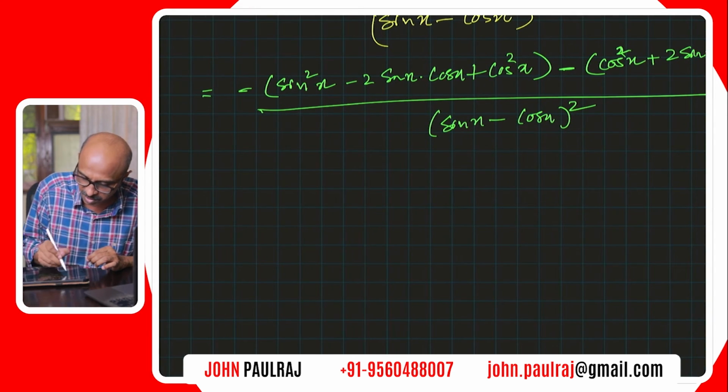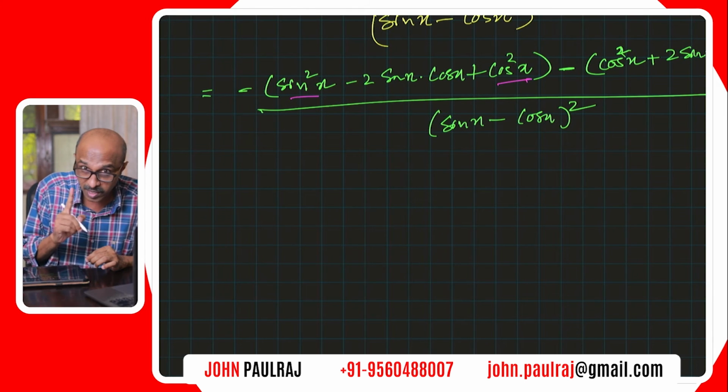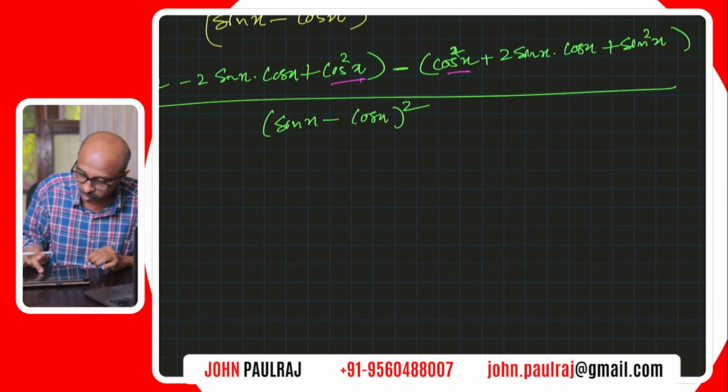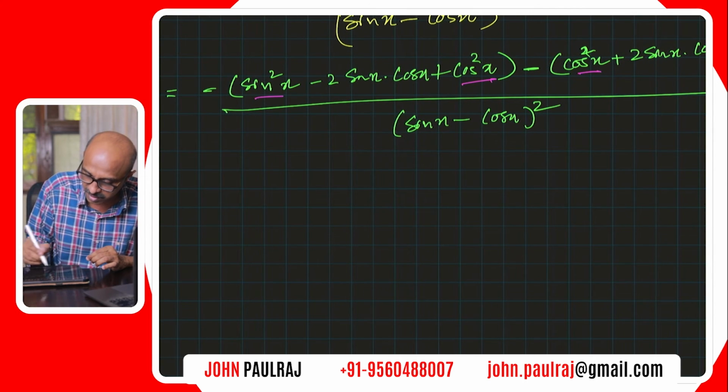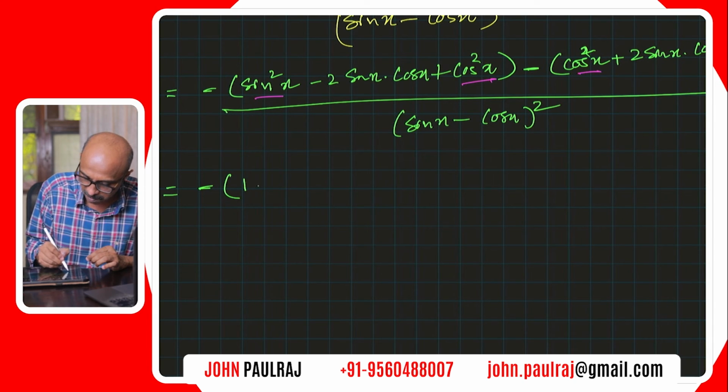So we've got a term sine square x plus cos square x, and we know that is 1. Likewise, we've got cos square x and sine square x. That term is also 1. So this simplifies, the numerator can be further simplified as, that's a negative sign. The first term, we've got a 1 inside the first bracket, minus 2 sine x times cos x.